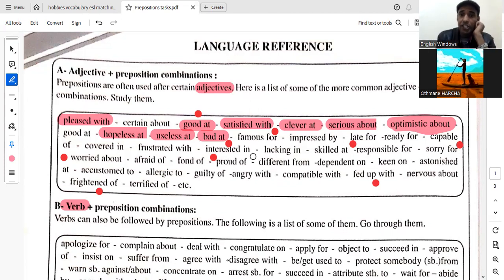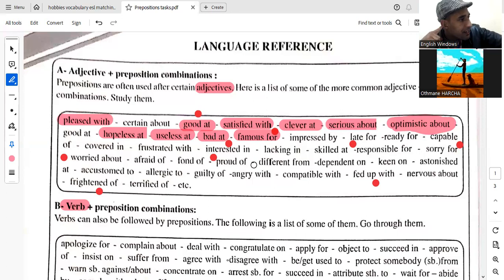Voilà, so English is very important right now. We have here famous for, it's very important. Alors, if we say bad at, we say good at, here famous, we say for. So you are famous for sure. Yes, useless is the synonym of bad at.